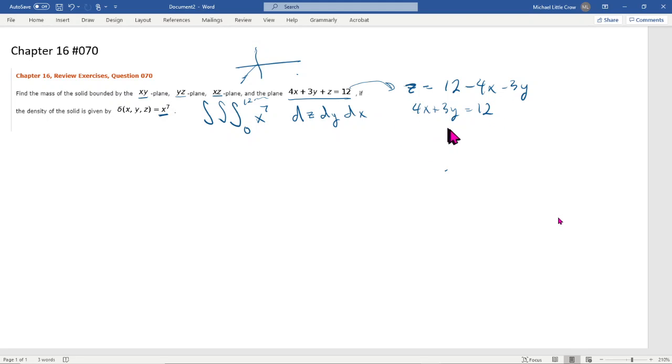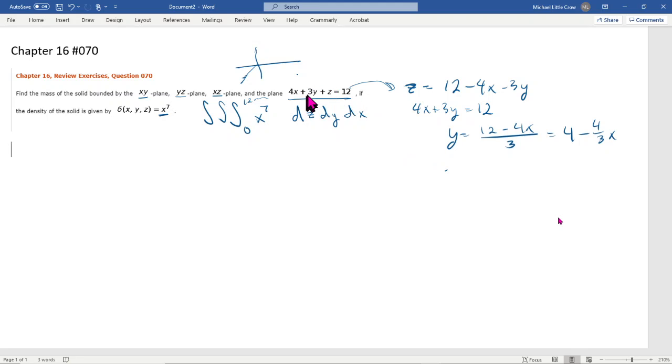So we get y equals 12 minus 4x all divided by 3, right? And you could leave it like that, or you could say 12 divided by 3 is 4, and then we've got 4/3 x. So that's our boundary. Y is going to go from 0 to that.